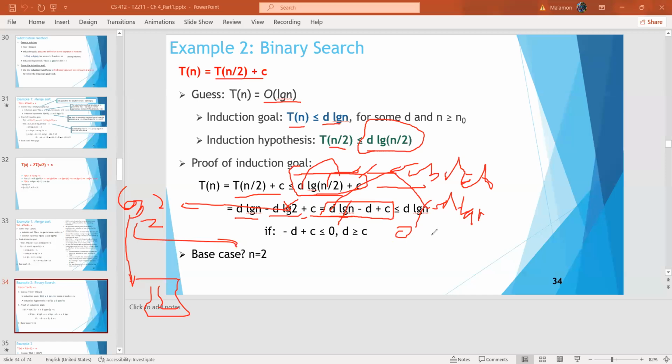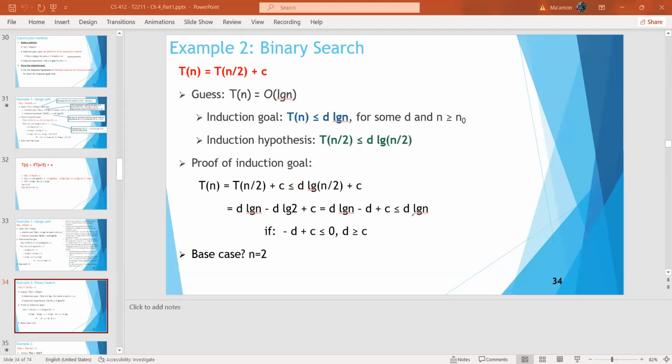Now we have this one: minus d plus c, less than or equal to 0.